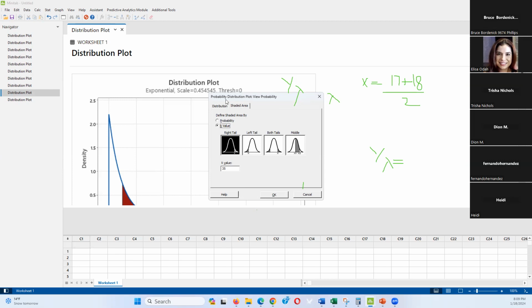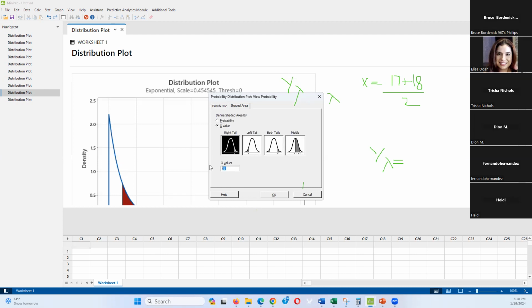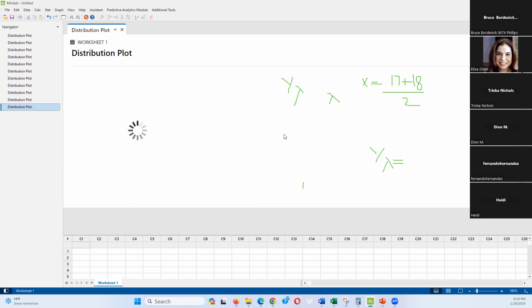Here, sorry, we need exponential. Where is exponential? This is it, and the scale is 0.454545, after dividing 1 by 2.2. This is the value, and threshold 0. For the shaded area we need 0.5, and we get this.